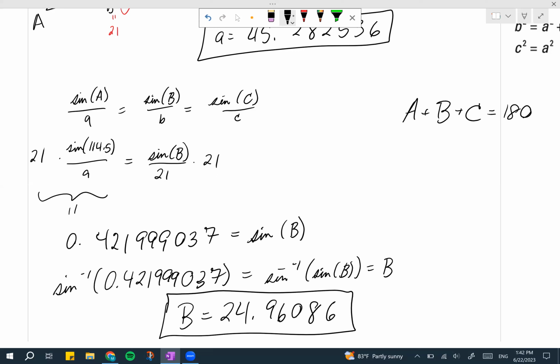So big A plus big B is 139.4608, and then I'm going to subtract that from 180. And I'm going to get my big C is equal to 40.5391405.